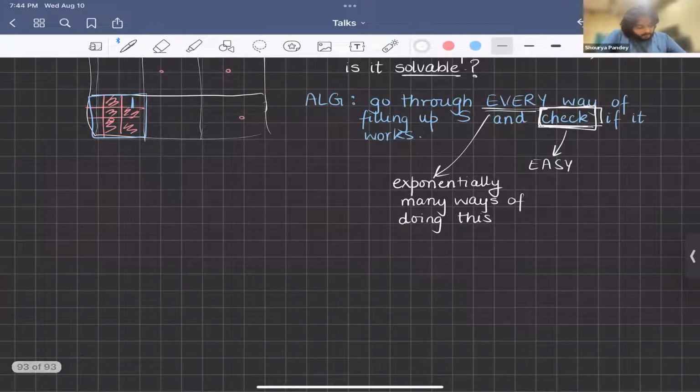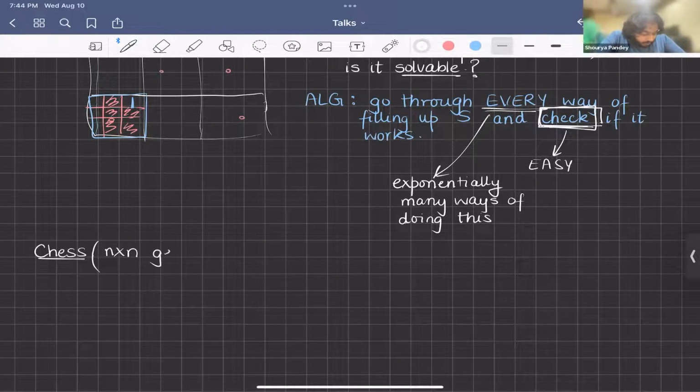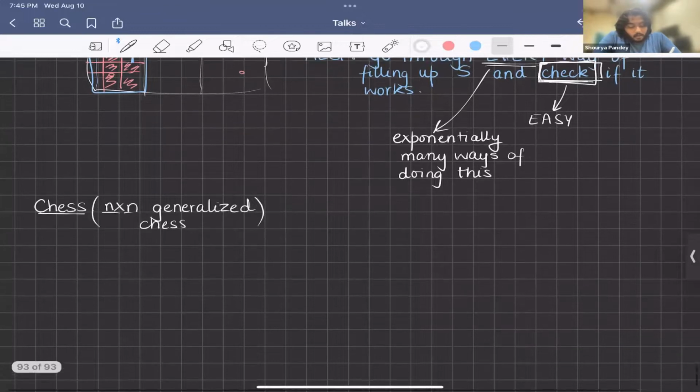But now take another game, for example, chess. Maybe we could come up with some sort of a generalized N-cross-N chess of some kind. But in your mind, you can think of just a 3x3 board. Just keep in mind that there can be generalizations of chess.